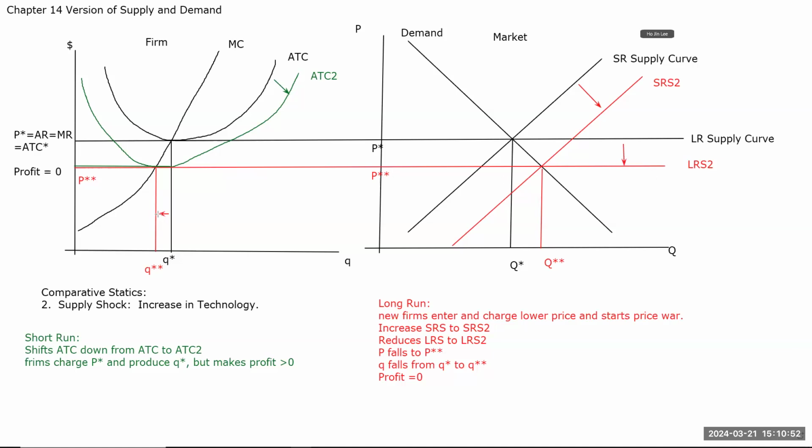That causes individual firms to produce less. It causes the market to have more at a lower price, and profit going back to 0. This is the end of the lecture on the long run and short run supply and demand model. Okay, have a good day.